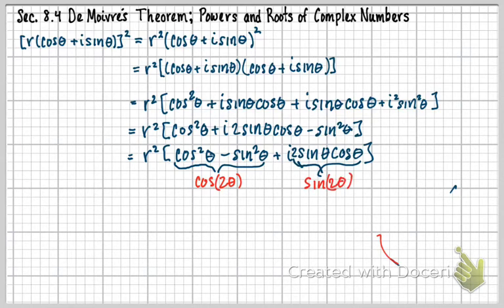So that's what I end up with for those two. Now, when I write this all together, this is going to equal r squared (cosine 2 theta plus i sine 2 theta).